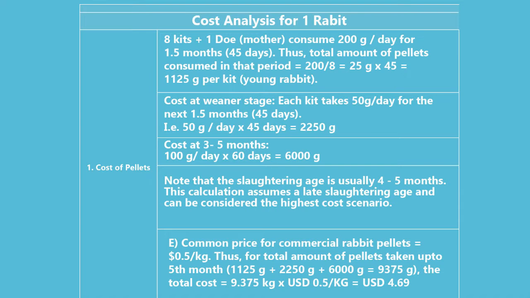So the total cost of pellets over that period will be 9.4 kilograms times $0.5, and you're going to get a total cost of around $4.69 US. So that is the cost of pellets for a rabbit.